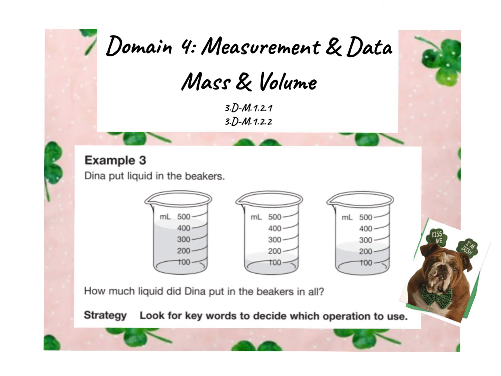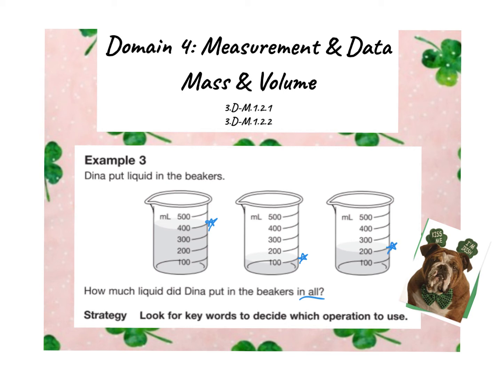Continuing on, Dina put liquid into these beakers. How much liquid did Dina put in the beakers in all? So we're going to see where it ends. Here, this one ends at 400. The keyword says "in all" as well, so we know we're going to either multiply or add. And we have some different numbers. We have 400, 100, and 200.